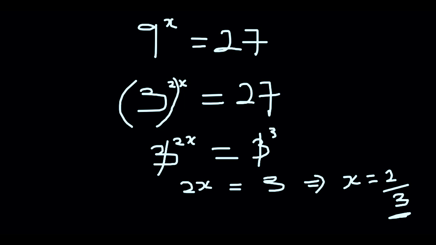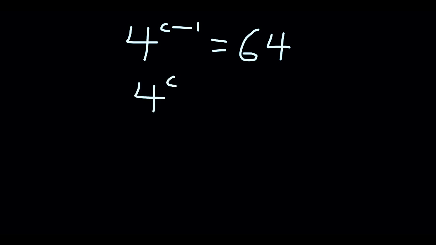The next question is 4 raised to the power of c minus 1 equals 64. And here we have 4 raised to the power of c minus 1 equals this. Writing this 64 in base 4, we have 4 raised to the power of 3.